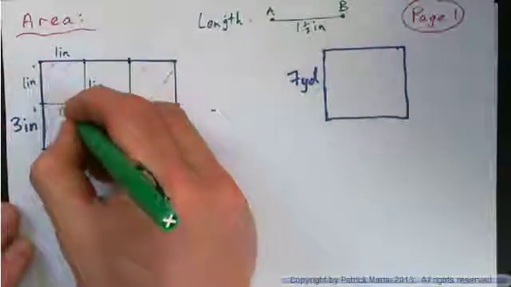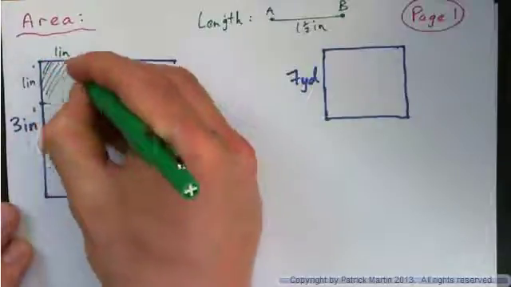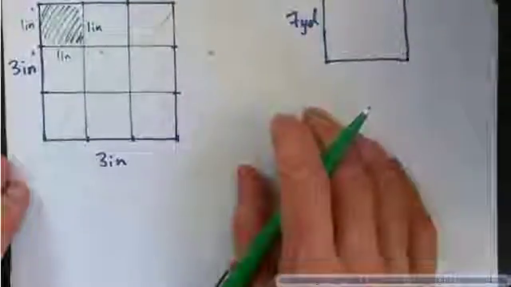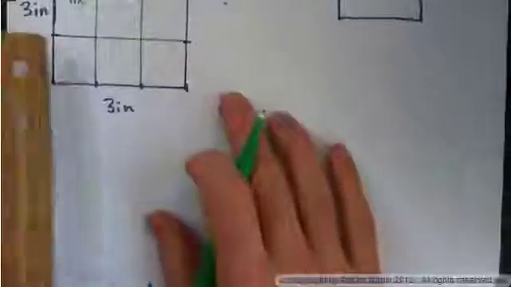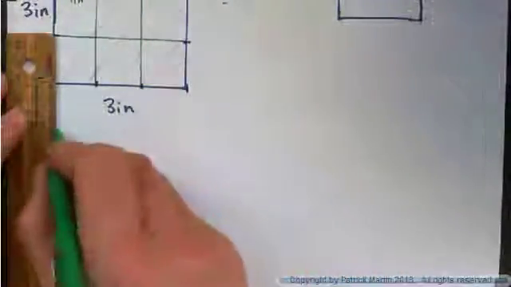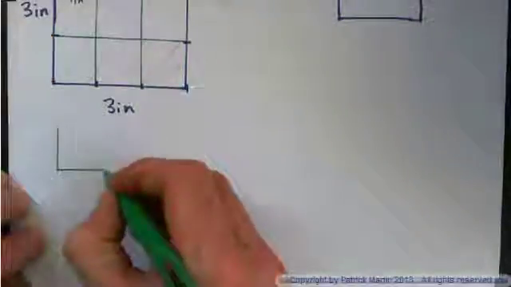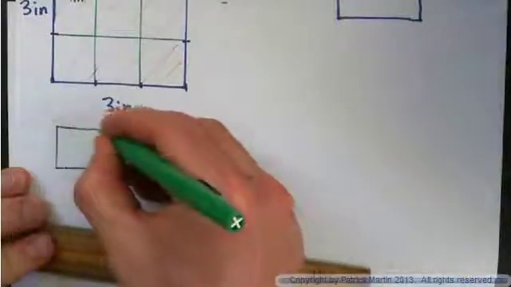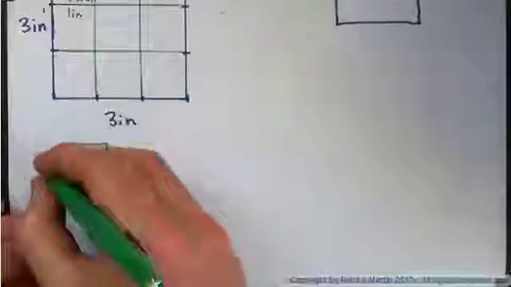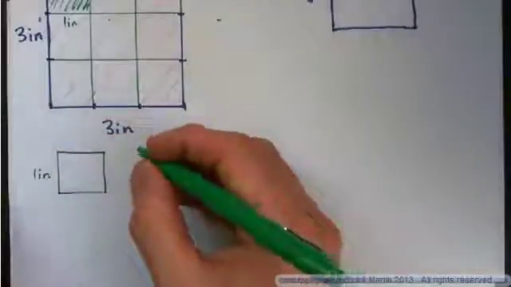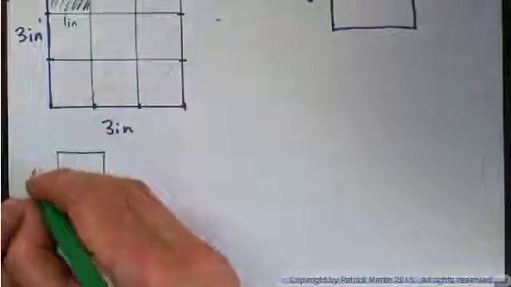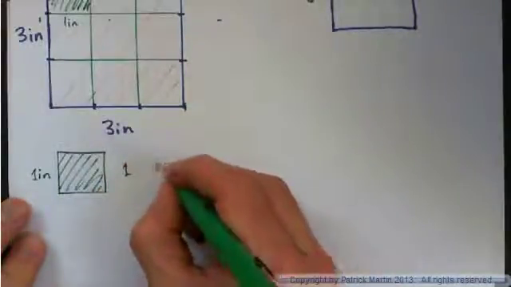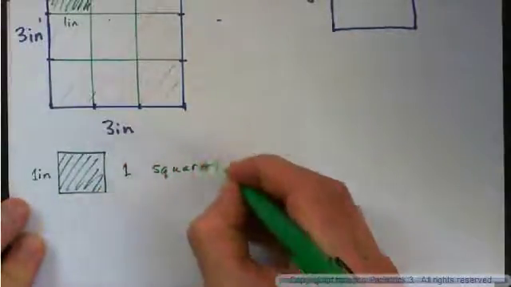So this little square here, we could even draw that outside, 1 inch, 1 inch, 1 inch, 1 inch. This square that is 1 inch on all the sides of it is called 1 square inch.